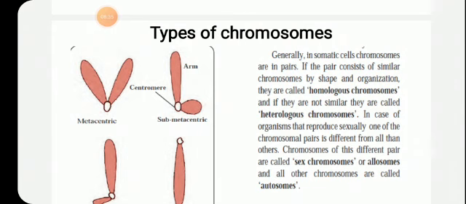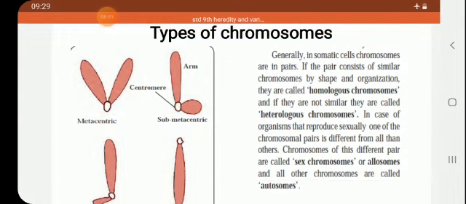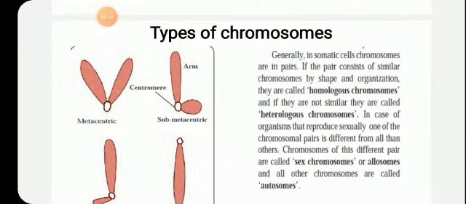Children, keep in mind homologous chromosomes and heterologous chromosomes. In heterologous chromosomes, the chromosomes are not similar in their shape and organization, while in homologous, they are similar in shape and organization.